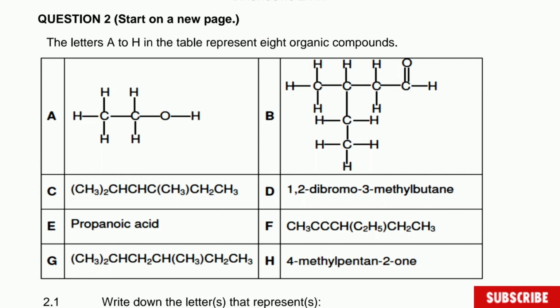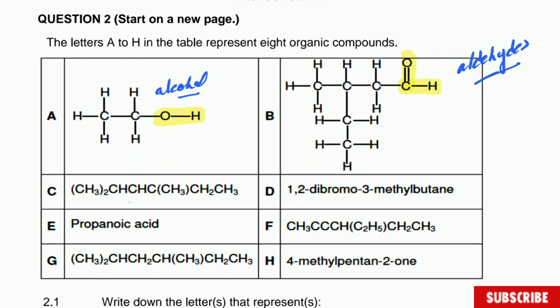For instance, A, you have the OH here bonded to a carbon, and this one is going to be an alcohol. The second compound, compound B, you have the carbon here with a hydrogen and a double bond to O, so that one is going to be an aldehyde. Compound C, now it's a little bit tricky.